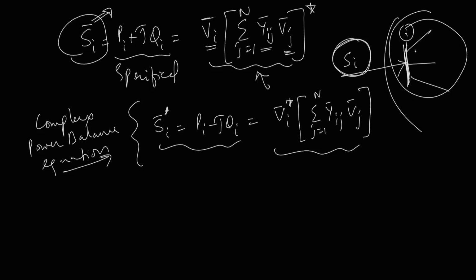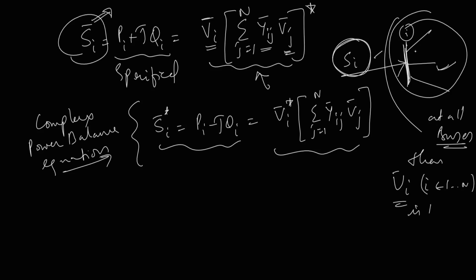If these two are equal at all buses, then those particular voltages Vi, for i belonging to 1 to n, are the solution.